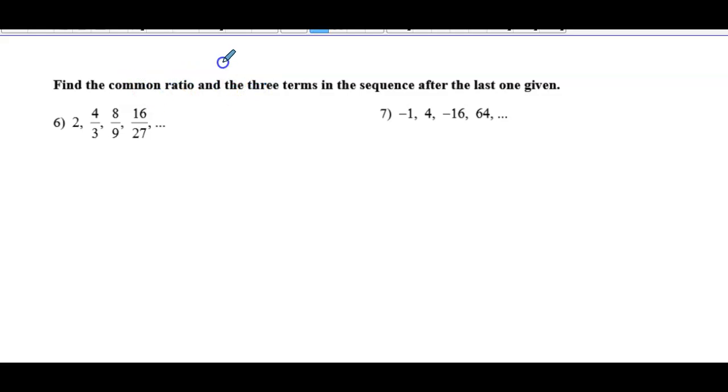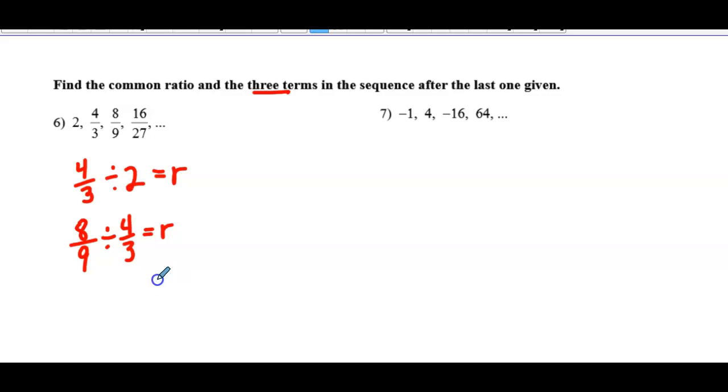This time they're telling us it is geometric. So we're supposed to find the ratio and the next 3 terms. Okay. Maybe I'll just do this one. 4/3 divided by 2 should give us R, or 8/9 divided by 4/3 should also give us R. Now you could use your calculator.